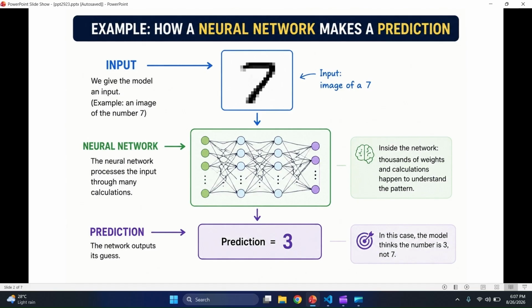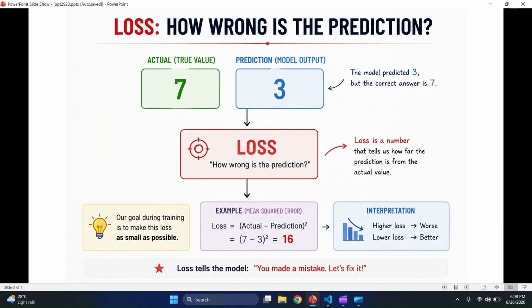So now we have an important question. How wrong is the model? Basically, loss is just a number that tells us how wrong the model's prediction is. Here the actual answer is 7, but the model predicted 3, so we get a higher loss.